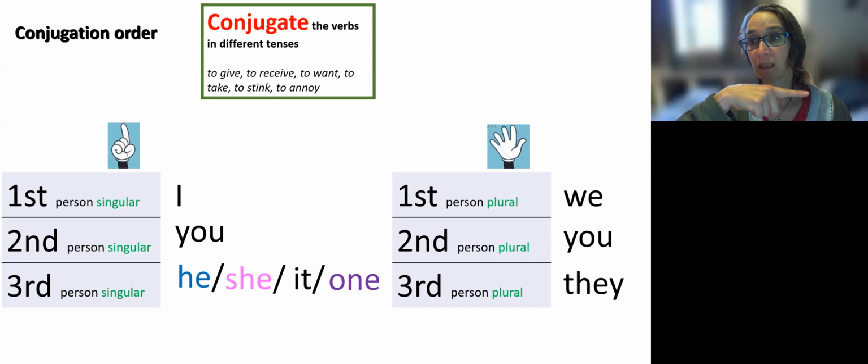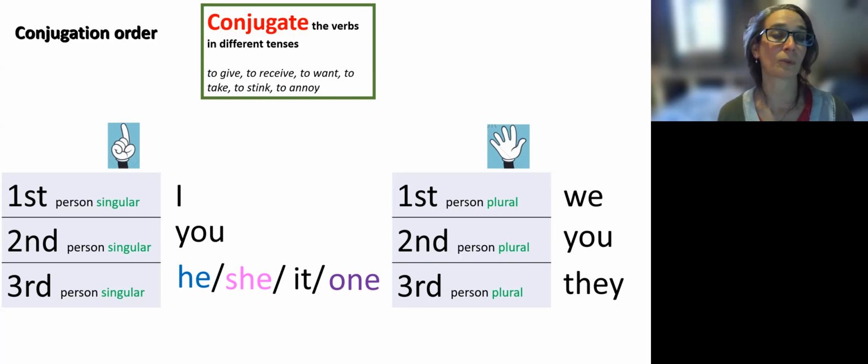I, you, he, we, you, they. You don't have to say he, she, it, one, because we know that he also means she and it and one. So there's no need to mention all of them. When you conjugate, you typically just name one pronoun.